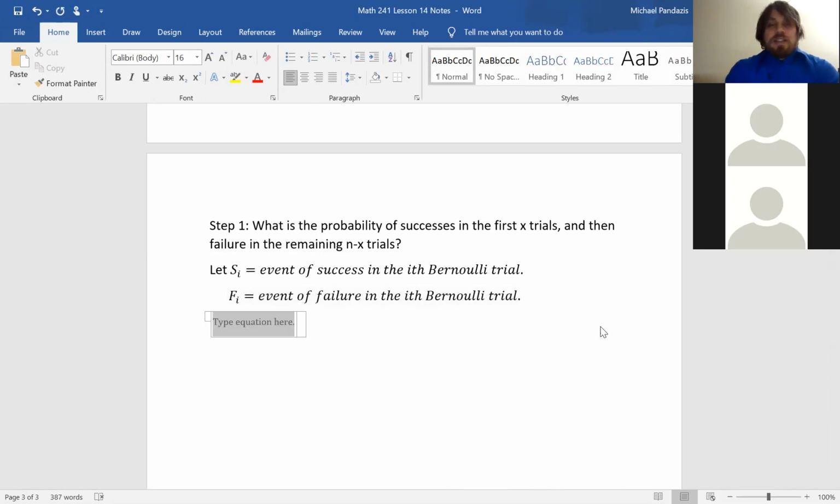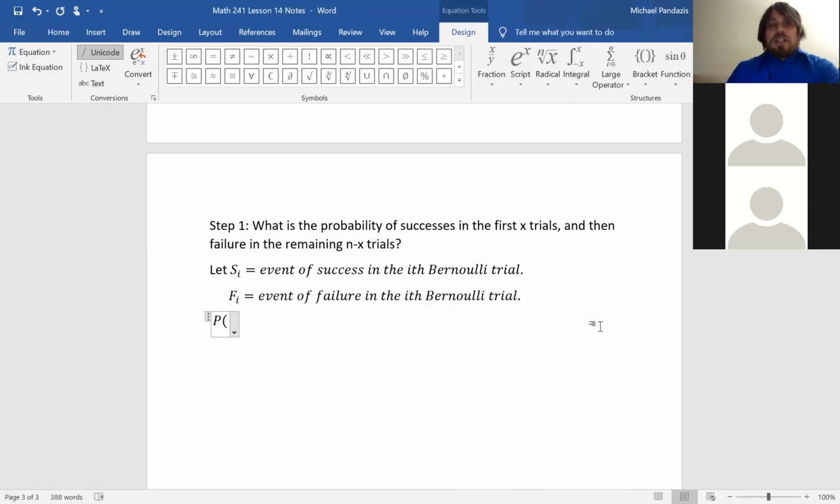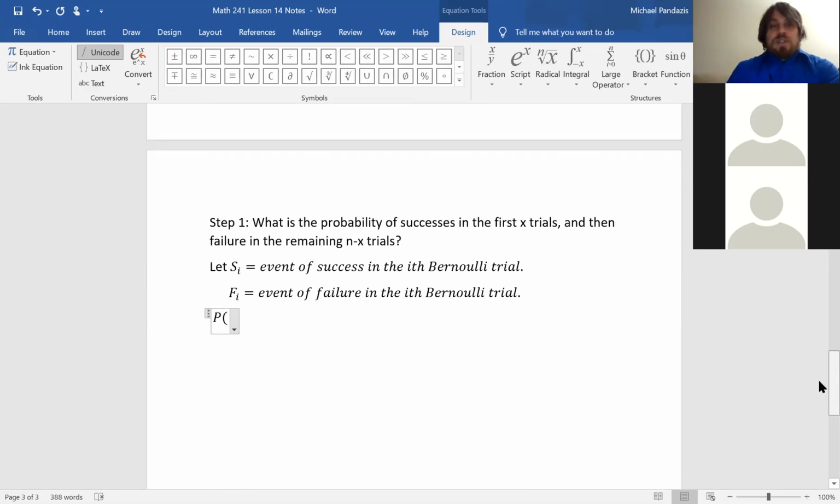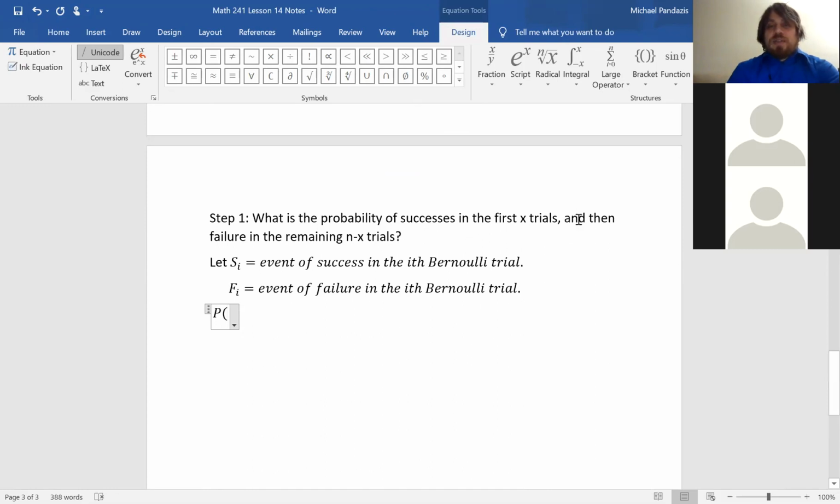Now let's find the probability that we were just talking about. What is the probability of success in the first x trials and then failure in the remaining n minus x? If you're succeeding in the first x trials, then you have S sub 1, S sub 2, S sub 3, ..., S sub x.